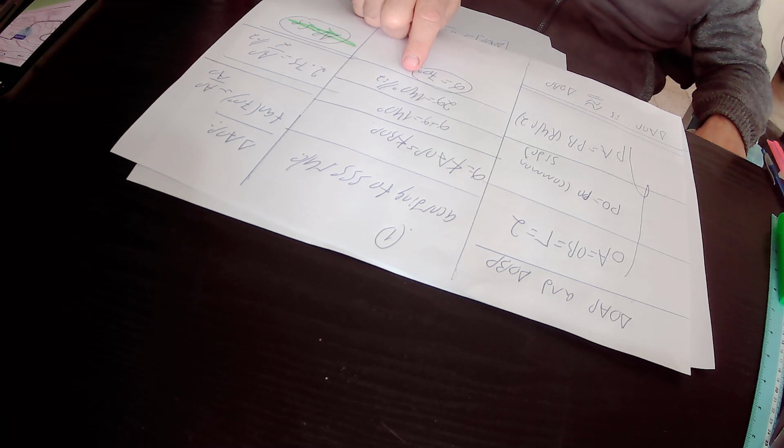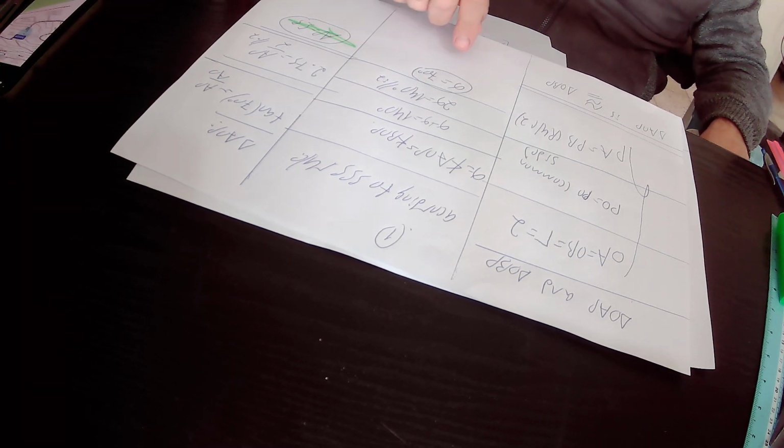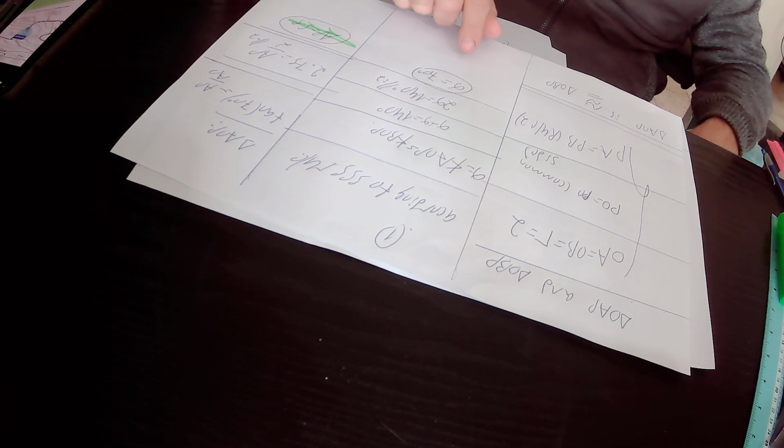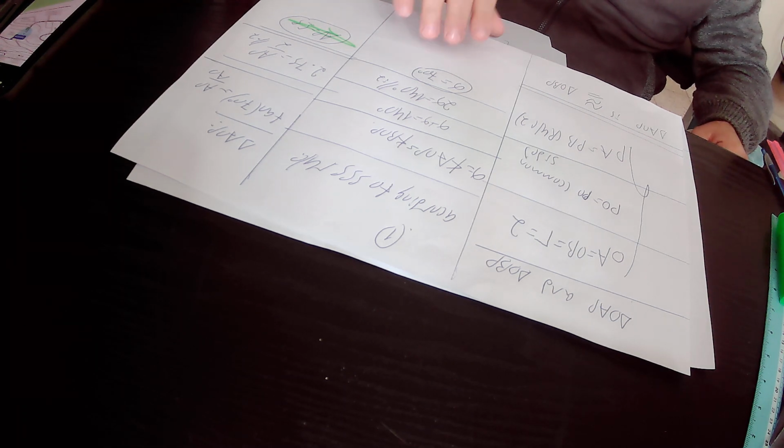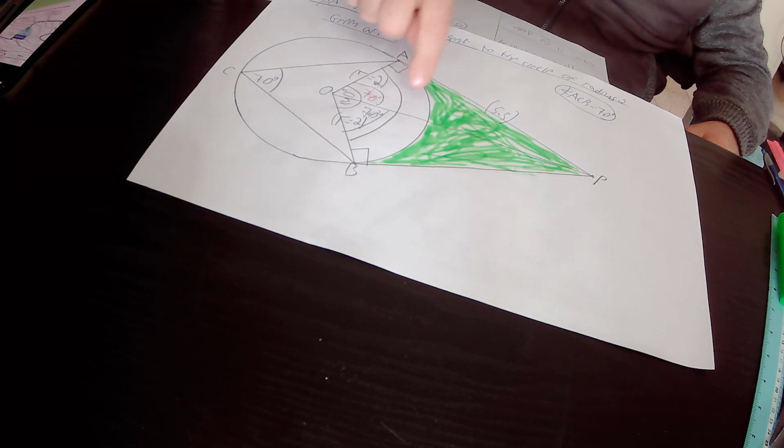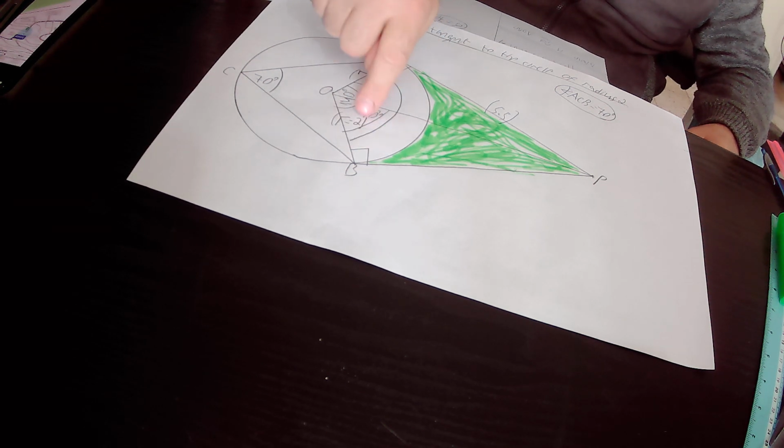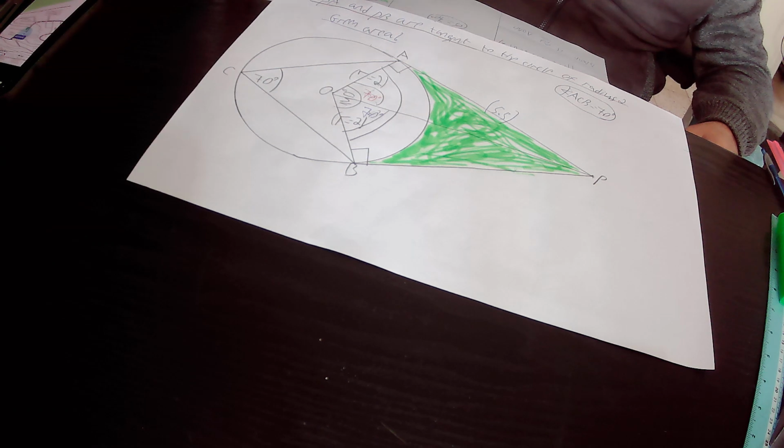Here we divided this equation by 2, and finally found out that the missing angle alpha equals 140 degrees over 2, that is 70 degrees. So this is angle alpha, equal to 70 degrees, and this is also angle alpha, equal to 70 degrees.